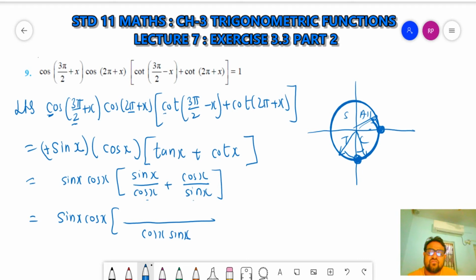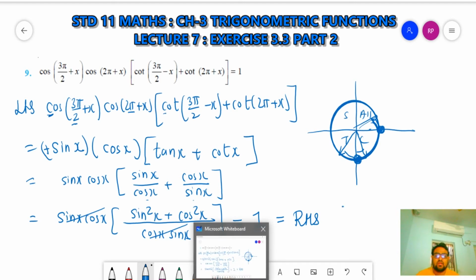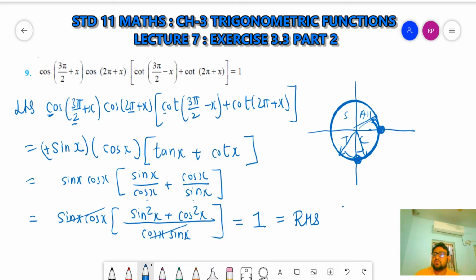Here in the first term there is only cos x, so I need to multiply it by sin x: sin x into sin x, sin square x. Cos x into cos x, cos square x. Cos x sin x, cos x get cancelled. What is the value of sin square x plus cos square x? That is equal to 1, which is equal to RHS. Clear? So just note it down.